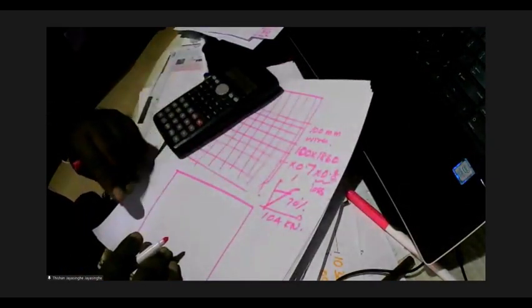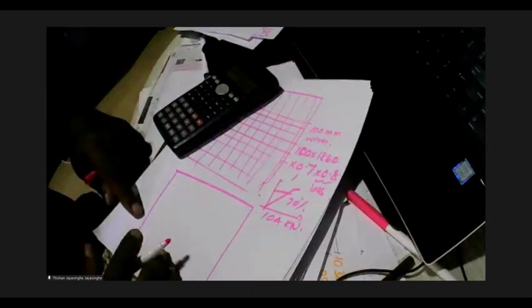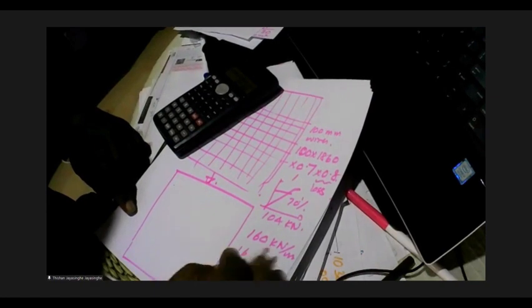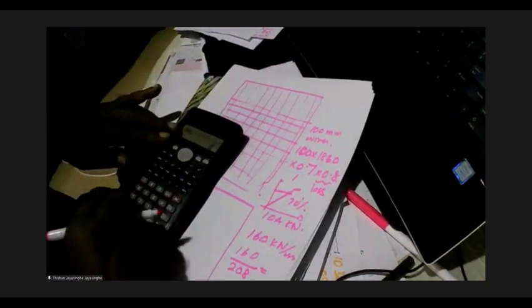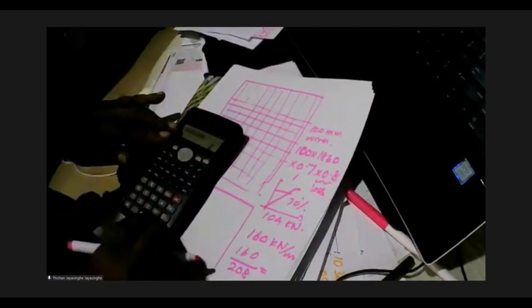So if you have 2 wires, the force needed is 160 kilonewtons per meter in this direction. So 160 kilonewtons per meter. So 160 divided by 208, and take 108. So we can have the tendons at 1.3 meters spacing.